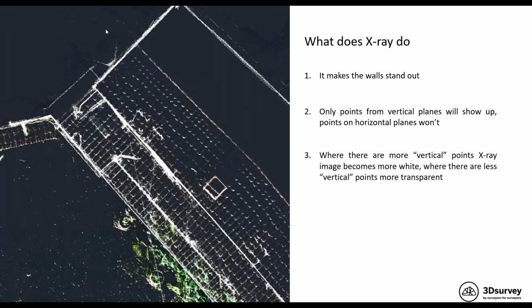Those on the roof with an angle might show up, but they will be more or less transparent. Where we have more vertical points, the stronger the color will be. The resulting image will look like an X-ray image, like the one we take when we go to the doctors to check our bones.